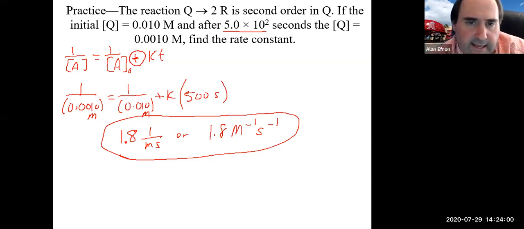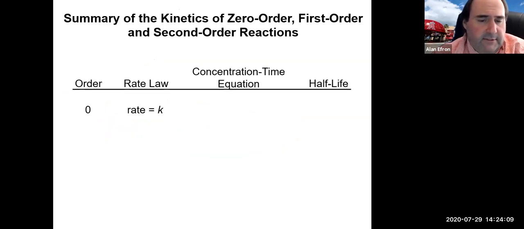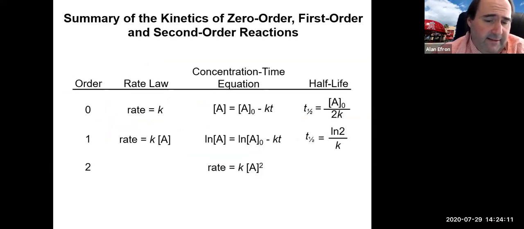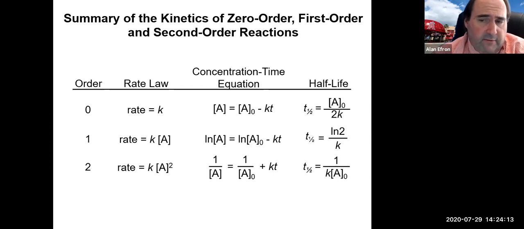Okay, so again, you need to be able to obviously solve for any of these things in terms of first, second, or zero order. And here's just a nice little table of the important info in terms of the calculation information for each of those orders. So again, zero, your concentration time equation and your half-life equation, and obviously your first order and your second order equations as well.